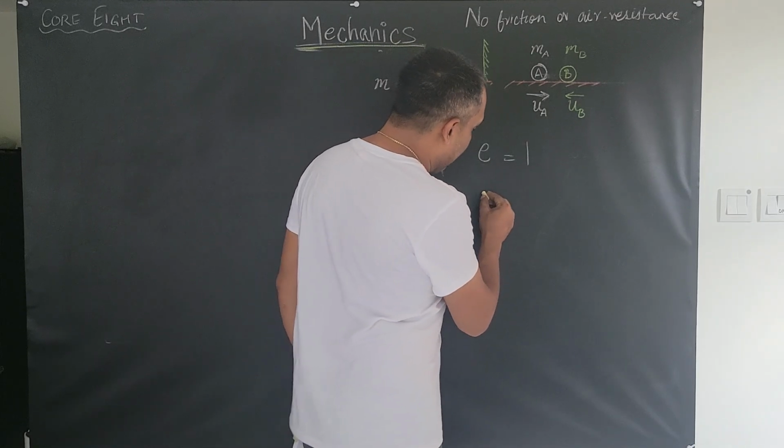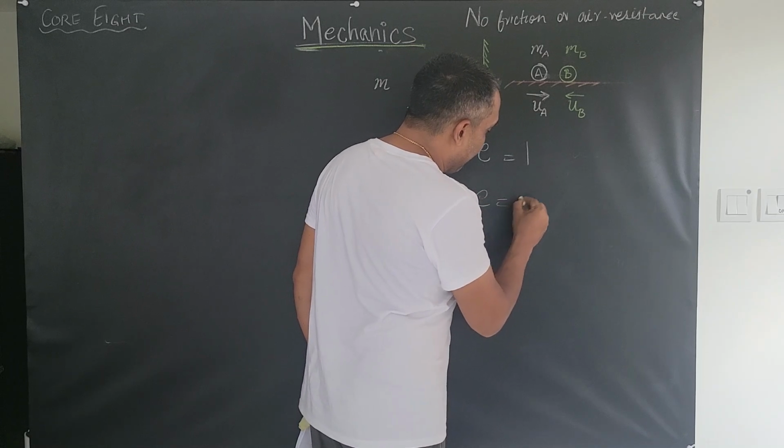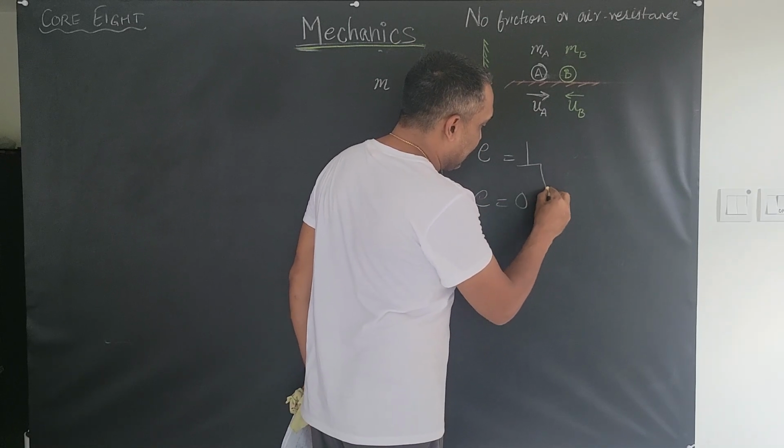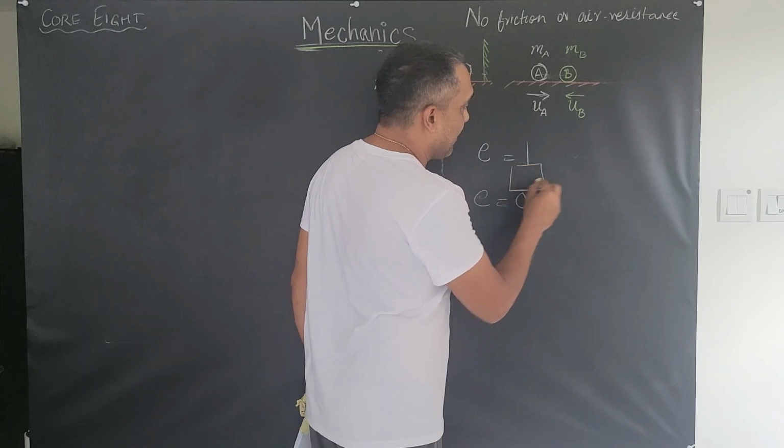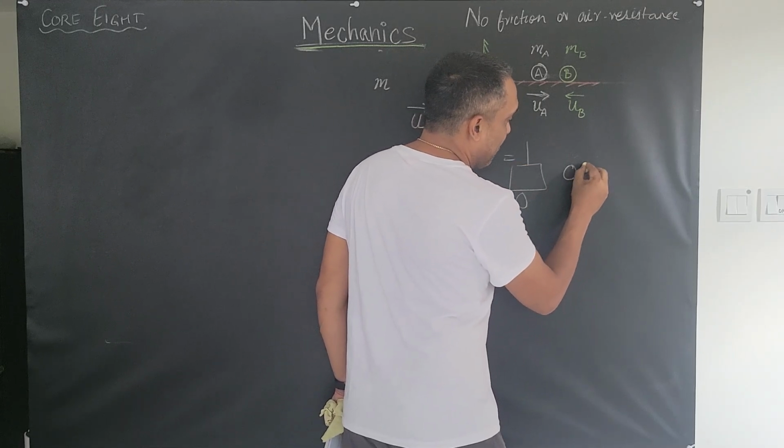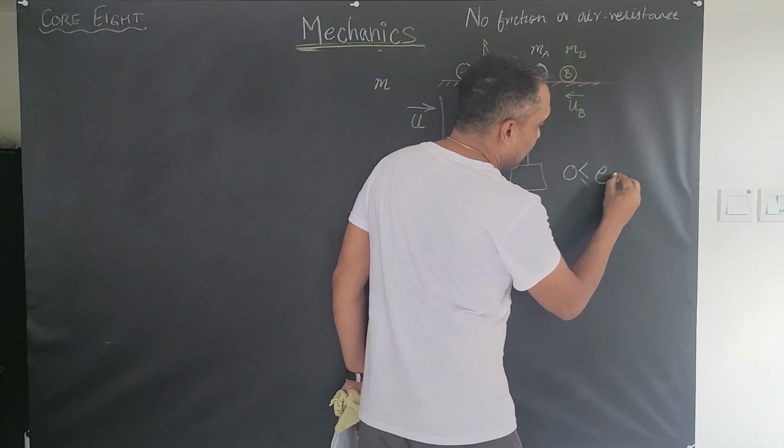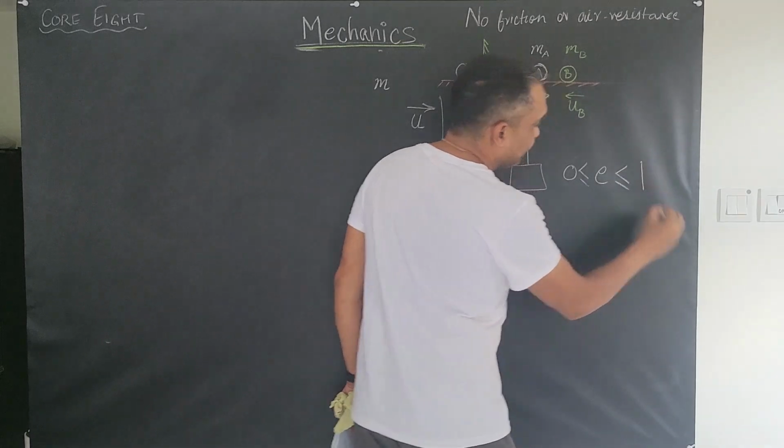So E can actually also take the value of zero, and in reality, E is somewhere in between the two, right? So we often like to say 0 is less than or equal to E, which is less than or equal to 1, right?